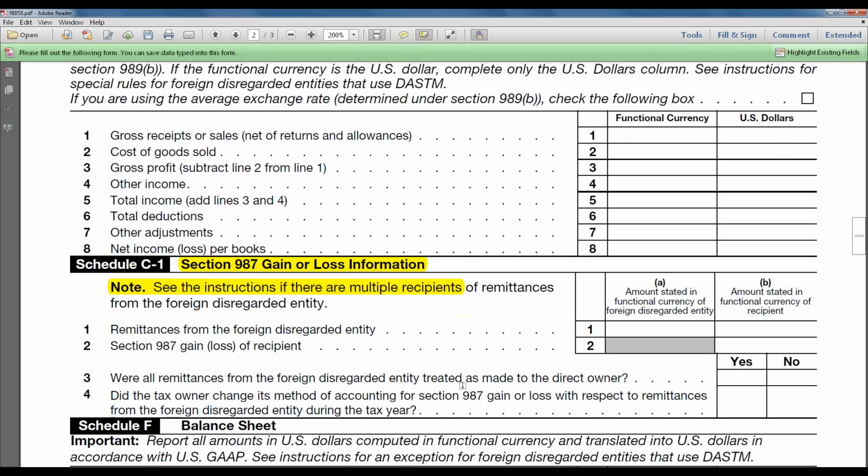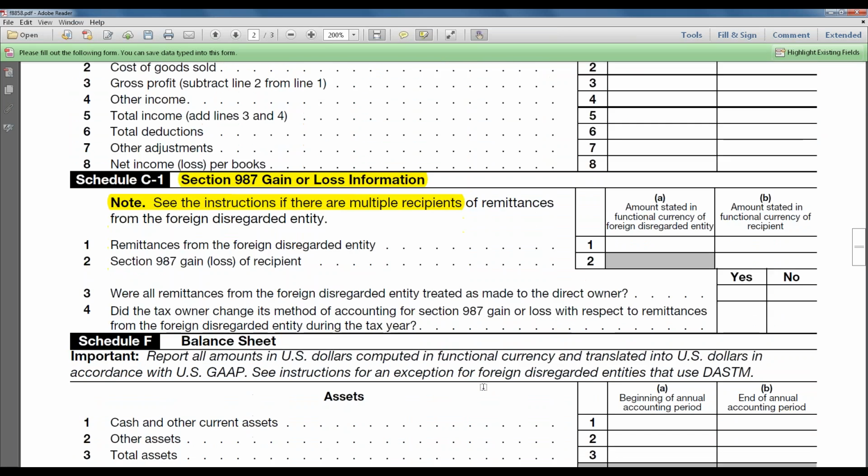And so the schedule is pretty small, but the work behind it is tremendous. You really want to spend your time with this because with this currency being so volatile, it's very important.